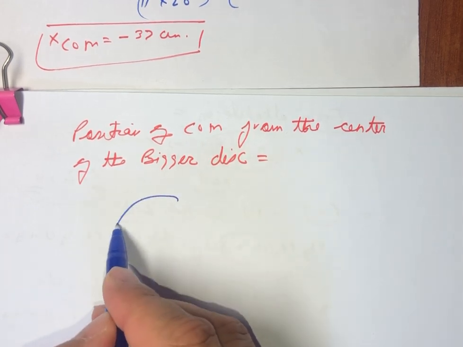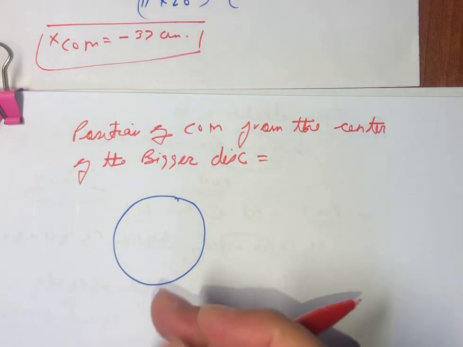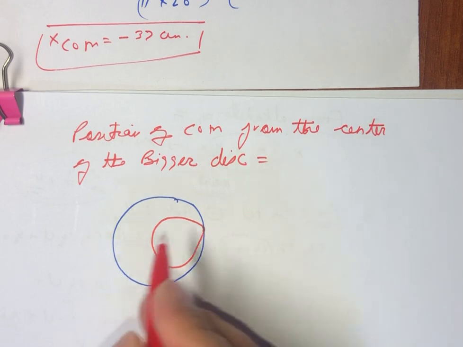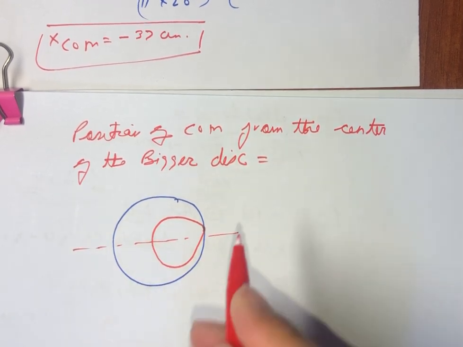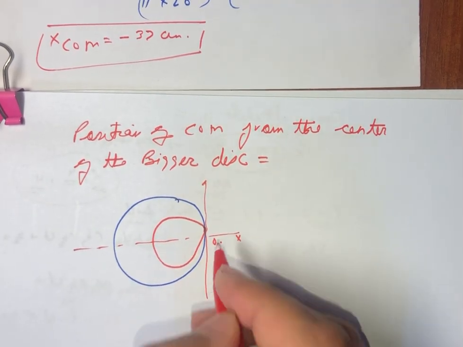So we have this bigger disk and we have a smaller disk. This is x-axis and origin.